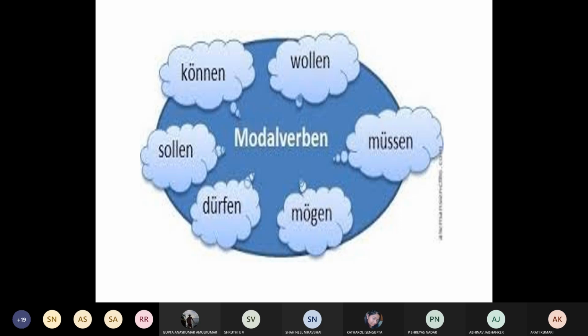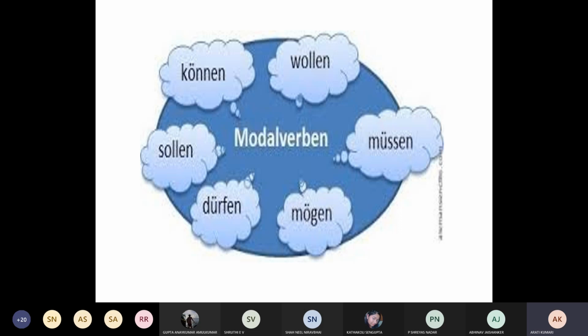So the simple sentence goes like that. Okay, and the modal verb will be conjugated, like this, with the infinitive form as it is.